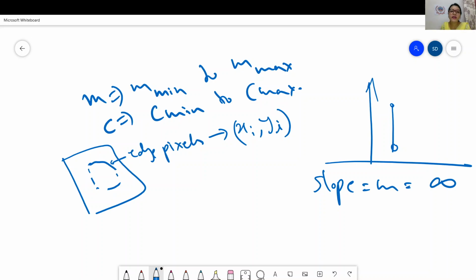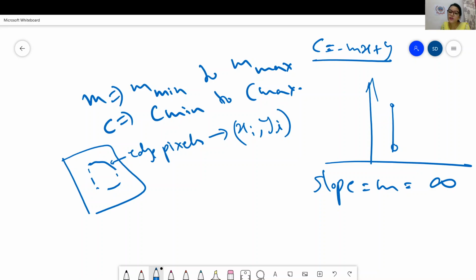So the previous parametric model, c equal to minus mx plus y, is not adequate in representing this particular situation.